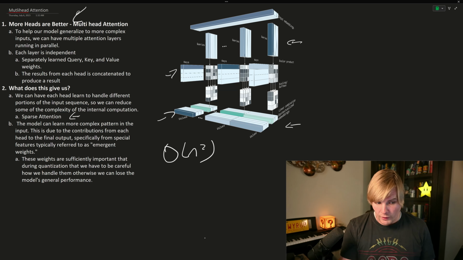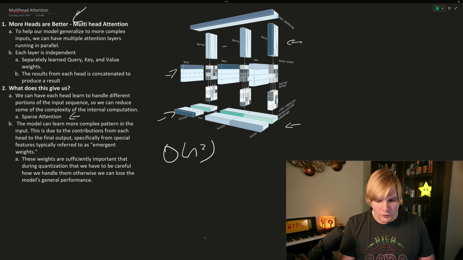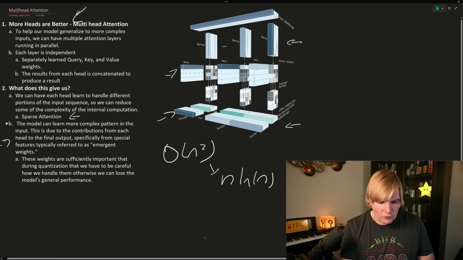If we make it 4 times bigger, it takes 16 times as much. We can use sparse attention to pull this down to n log n complexity, which is much closer to linear rather than quadratic. And it really does allow our model to learn more complex inputs.